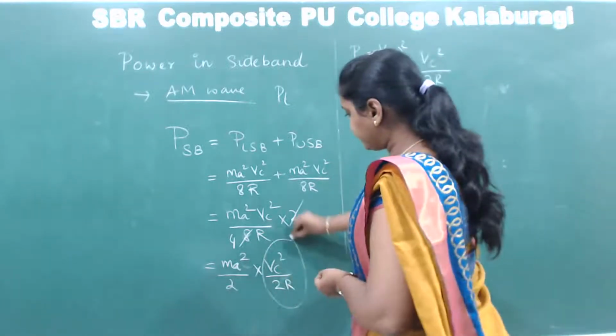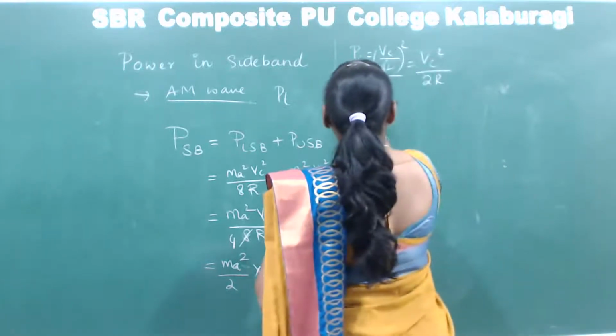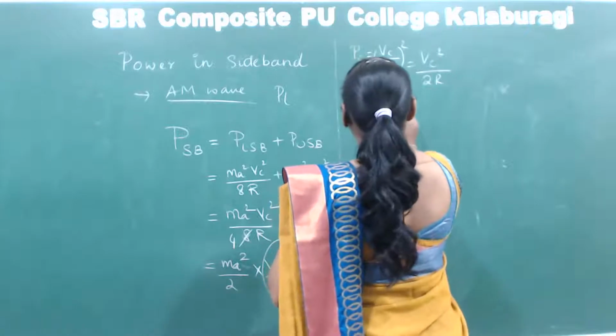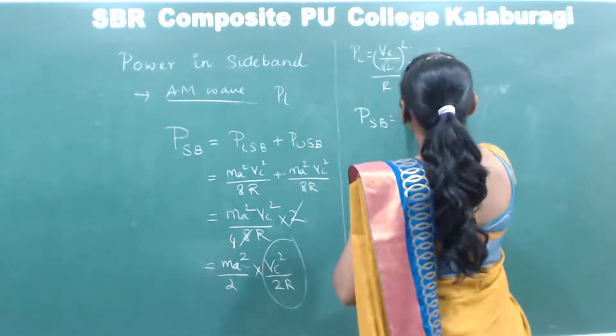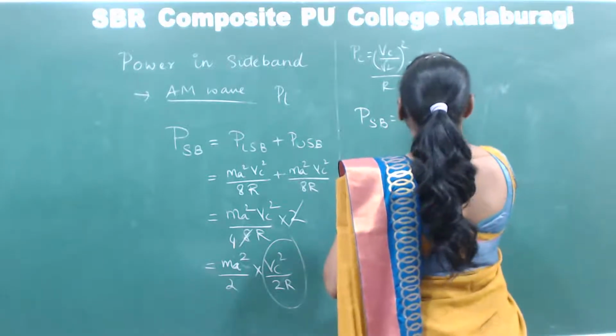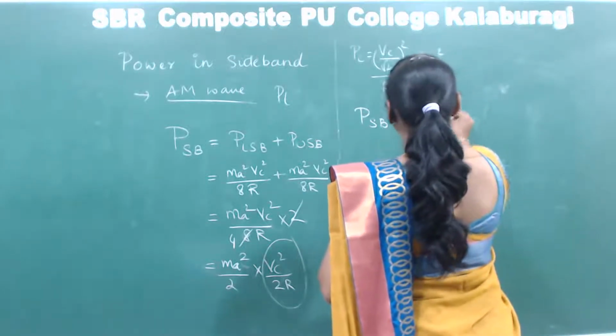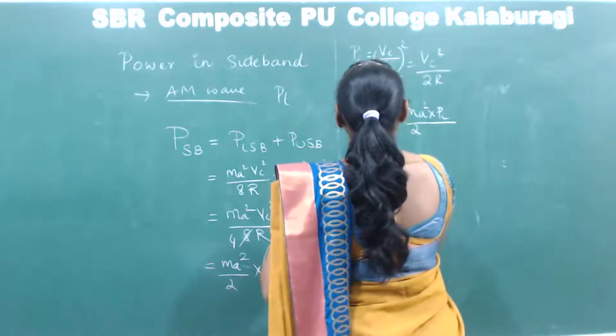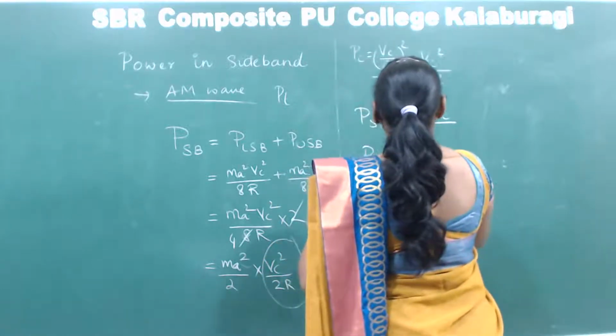So this is nothing but PC. So substituting this, PSB is equal to MA square by 2 into PC.